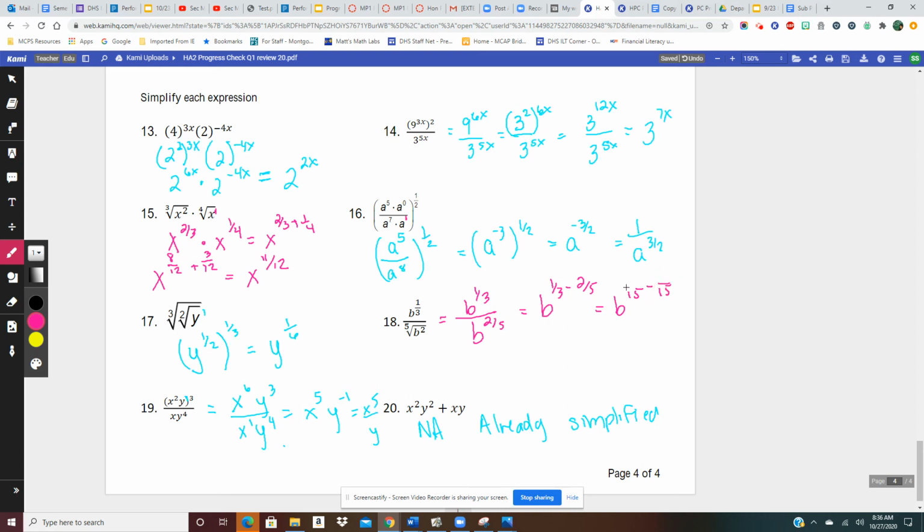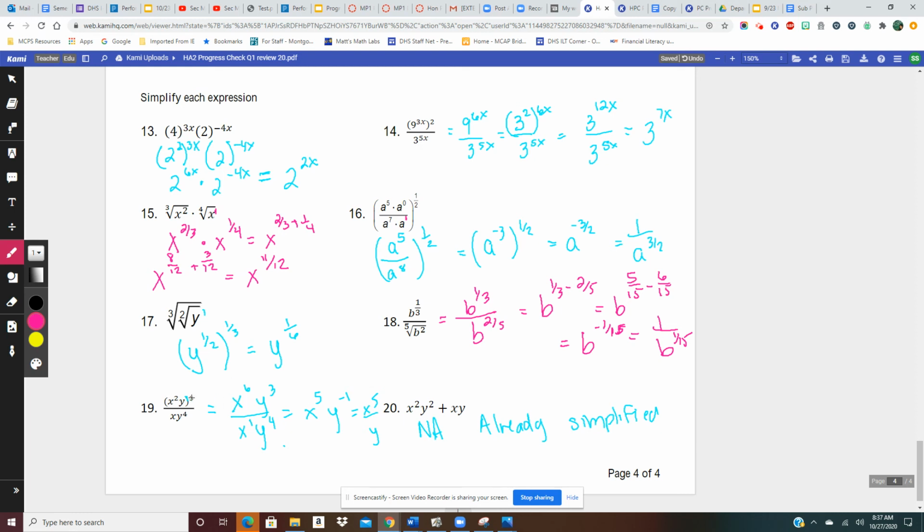That multiplies by 5 to get to 15, so 5 times 1 is 5. This multiplies by 3, so 3 times 2 is 6. So I'm going to get b to the -1 over 15, which again equals 1 over b to the positive 1 over 15.